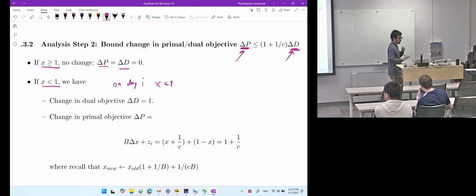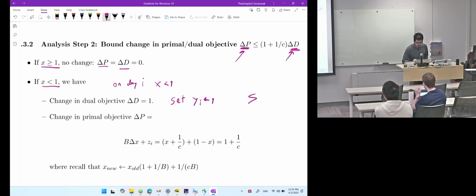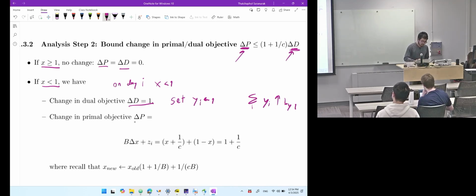We set yi to be 1, so that increases the objective by 1. So now my goal is to prove that the change in the primal solution is at most 1 plus 1 over c.